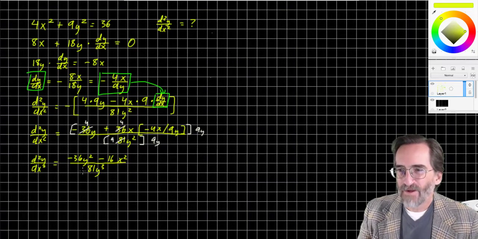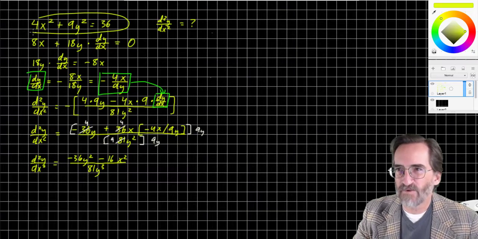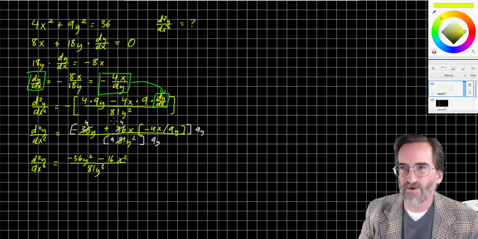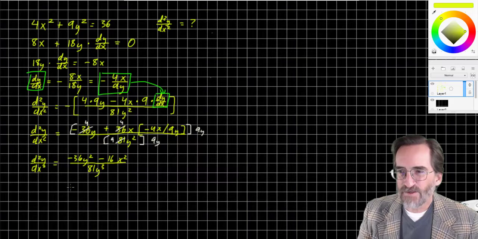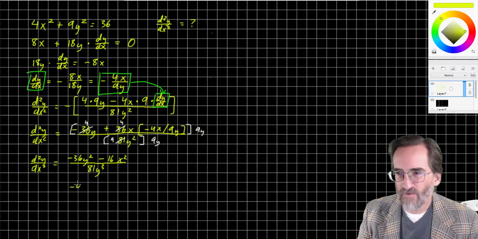So what I'm going to do here is factor out the greatest common factor out of the numerator. Because what I'm interested in is this up here. I want to see if I can use this to simplify. So I'm going to factor out negative 4.